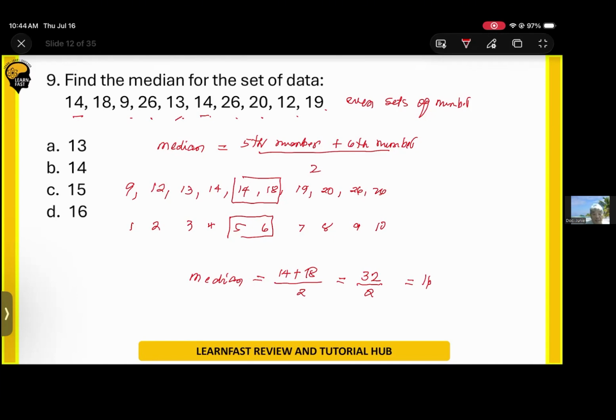So the answer is letter D. So please remember the concept. To find the median of an even set of numbers, you take out the fifth and the sixth number and divide by 2, because you have a total of how many numbers? 10. Okay, so you have 10 numbers.